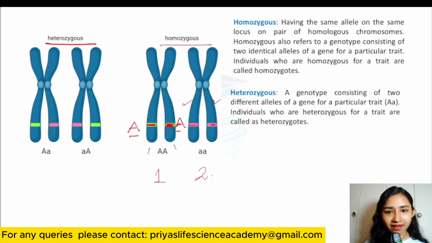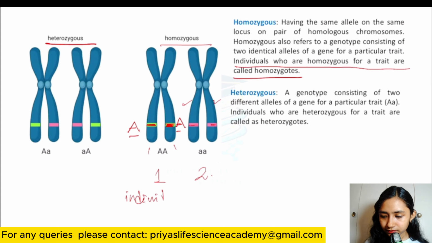That is why they are also known as homozygous. And the individuals who are homozygous for a trait are called homozygotes. Chromosomes are known as homozygous and individuals are known as homozygotes.